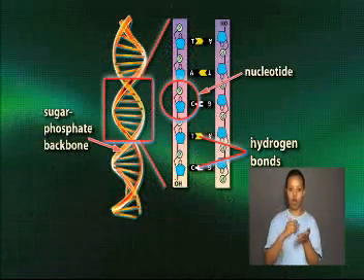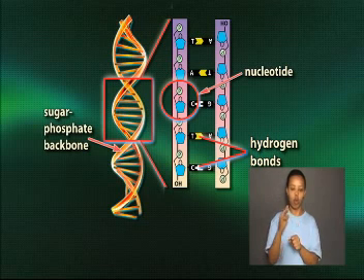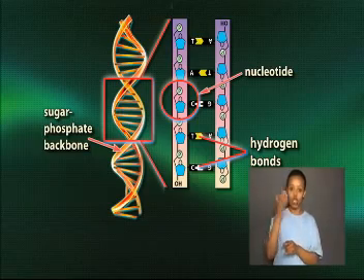The nucleotides are held together by bonds between the sugar in one nucleotide and the phosphate group in the next. This is sometimes called a sugar-phosphate backbone because it holds together the structure of the DNA molecule in much the same way as your spine holds up your body.